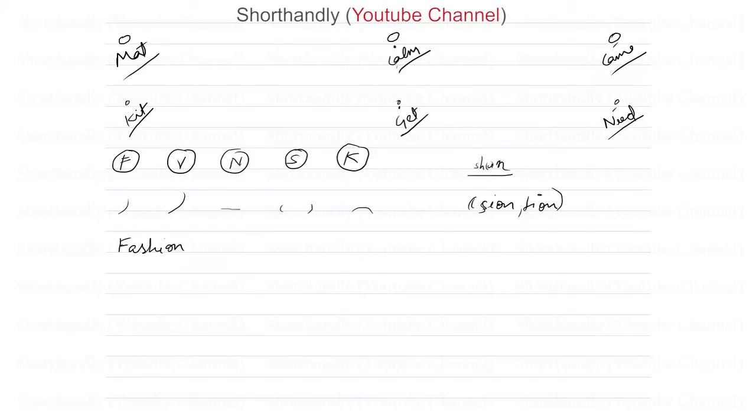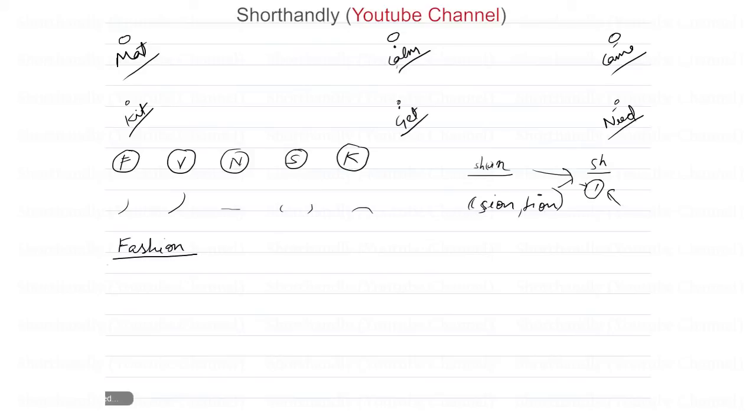Before that, let's see how we will make this Shun. If we notice here, ish is represented by this symbol, so we will use this exact symbol while representing the sound Shun. For Shun also we will be using this symbol.